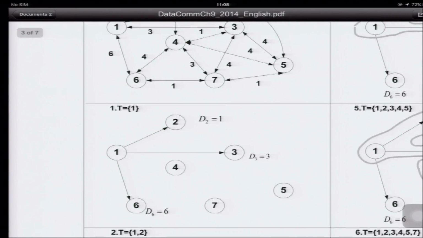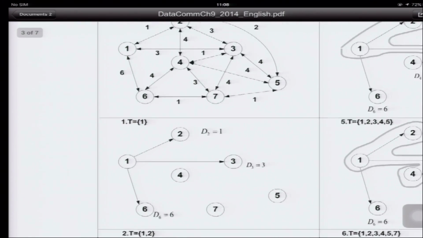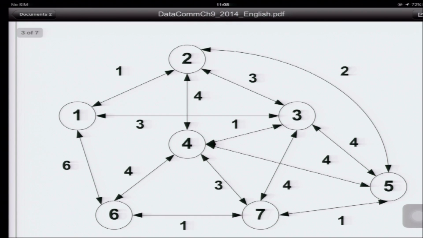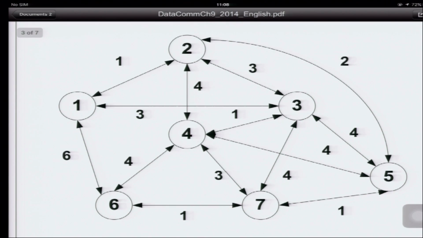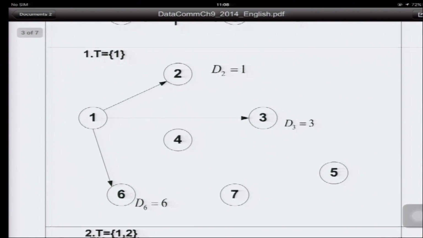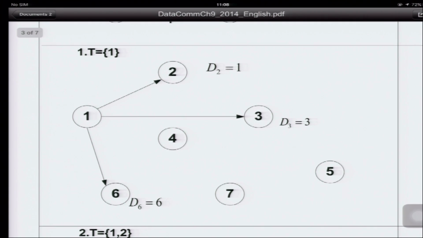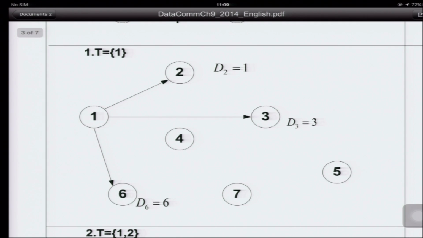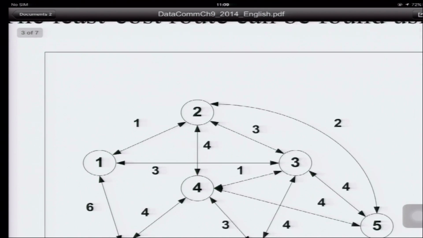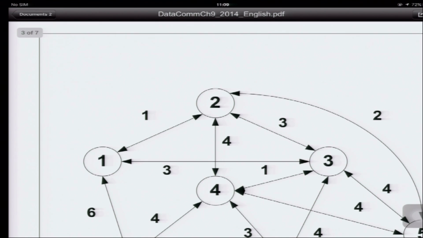Node number 1 is connected directly to nodes 2, 3, and 6, but not directly to 4, 5, and 7. So you have only 2, 3, and 6. And what is the cost of going from node 1 to node 2? The cost is 1. Node 1 to node 3, the cost is 3.